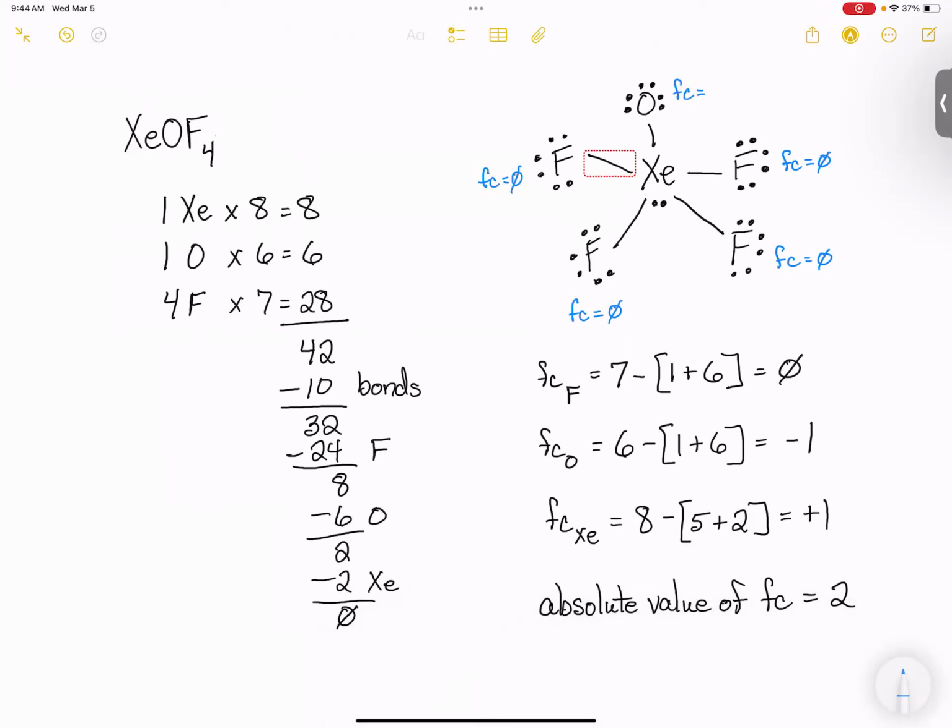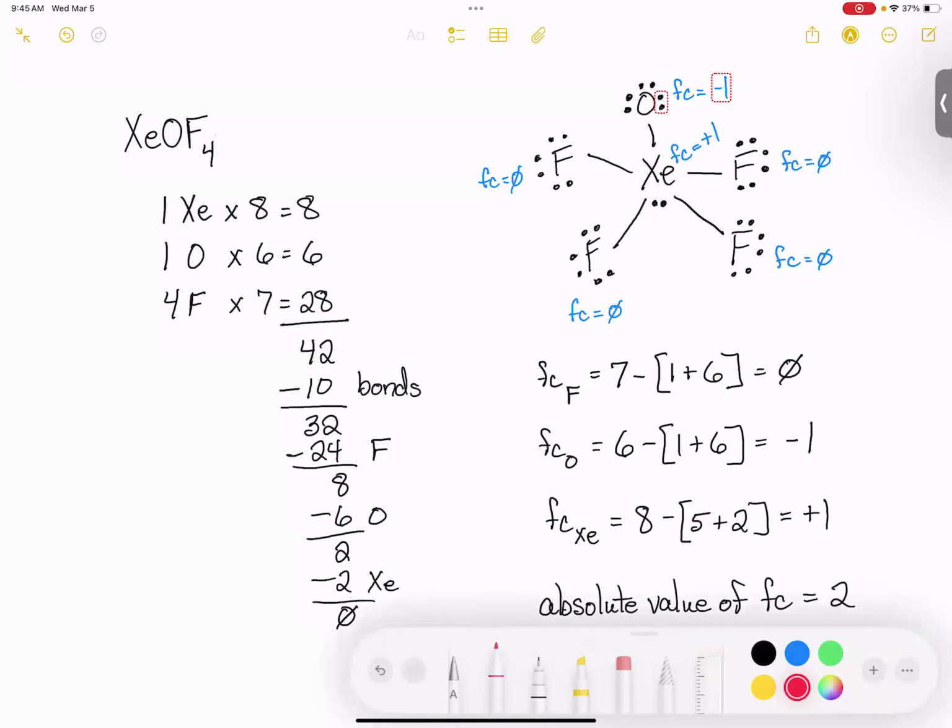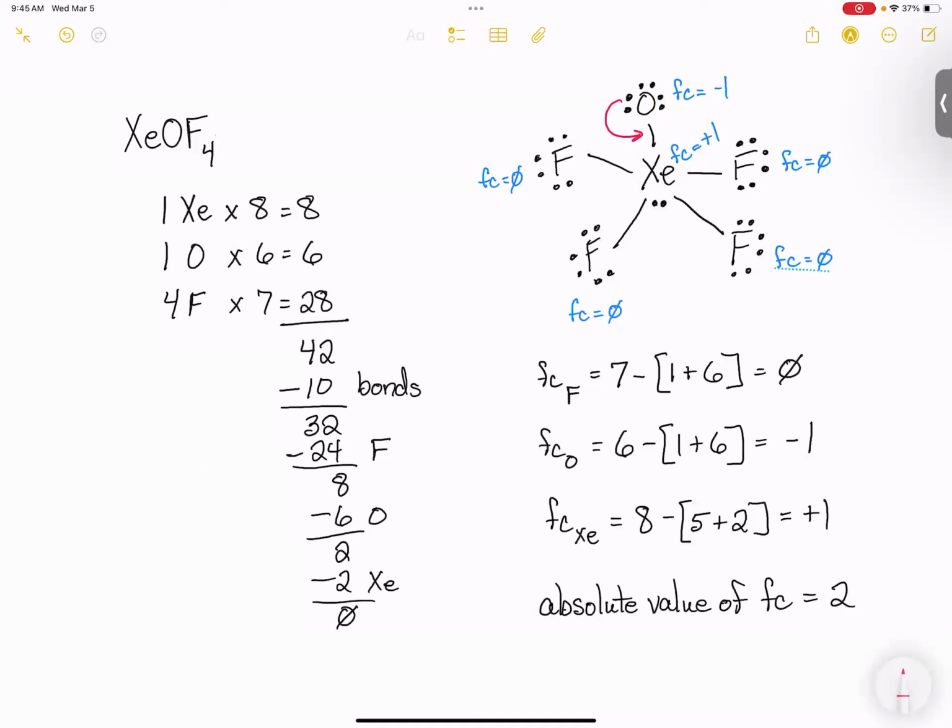Our oxygen has a formal charge of -1, and our xenon has a formal charge of +1. Can we reduce that formal charge? The answer is yes. We can reduce the formal charge by sharing a pair of electrons between the 2 atomic nuclei. The electrons will always come from the element that has the negative formal charge.